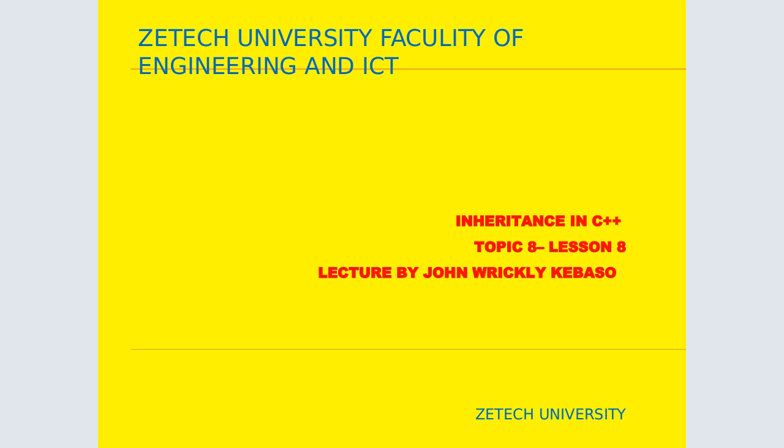They are actually called features of object-oriented programming. And they include what we call polymorphism, encapsulation, inheritance, abstraction, data hiding, and information hiding.